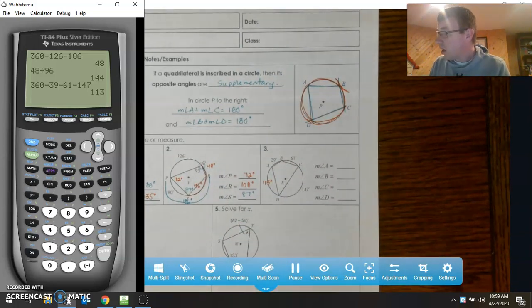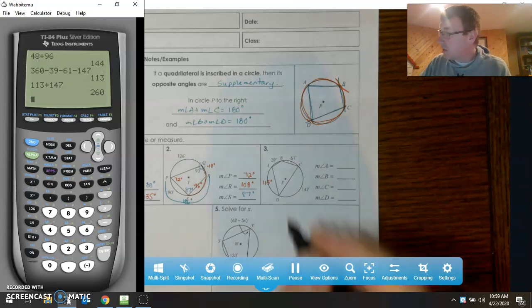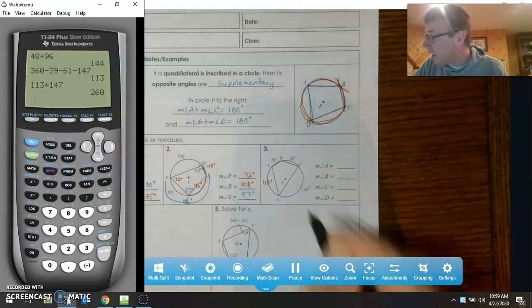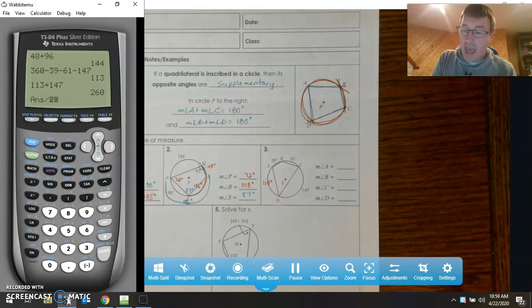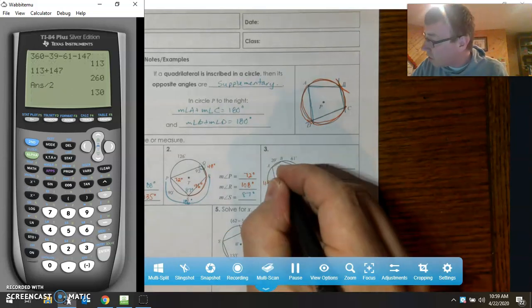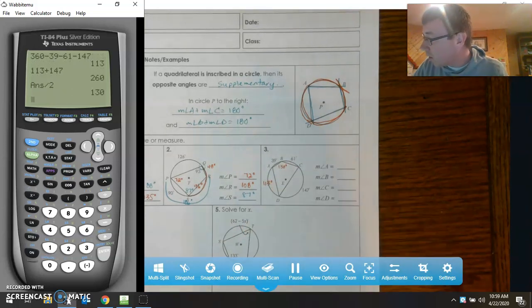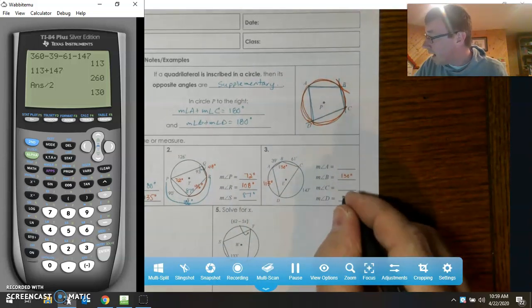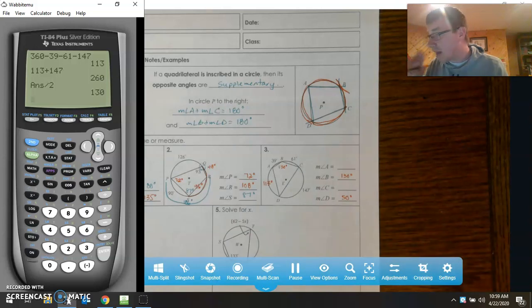If I add 113 and 147, I'll get 260. So the arc from A through D to C is going to be 260. Half of that will be 130, so that means angle B will be 130 degrees, which means angle D will be 50 degrees because opposite angles will be supplementary.